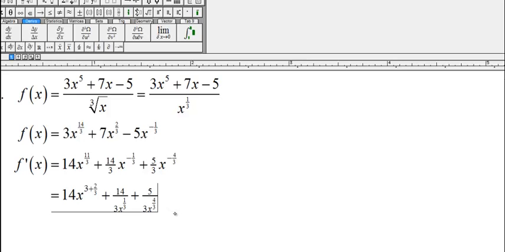Let me rewrite this. Okay. This is 14. This is x cubed times x to the 2/3.